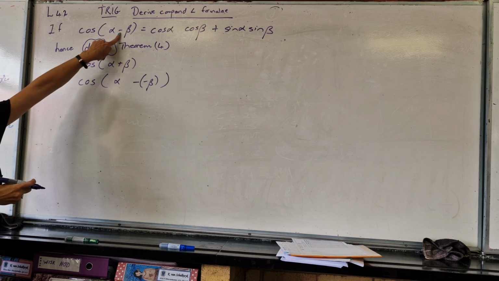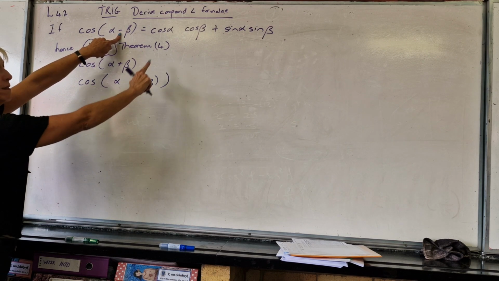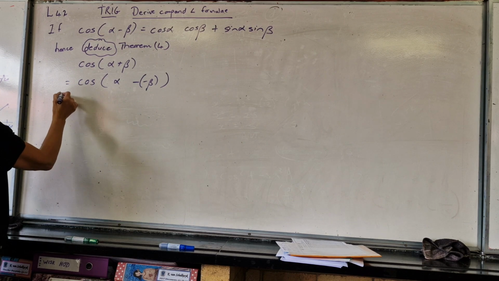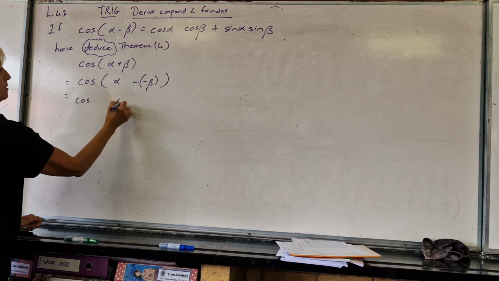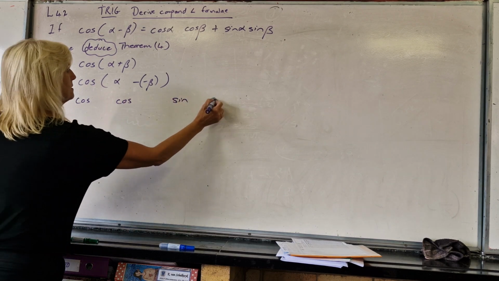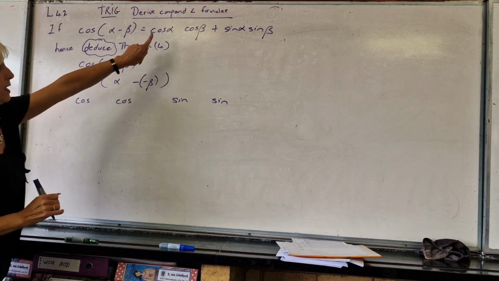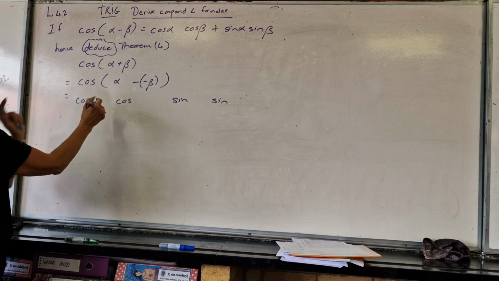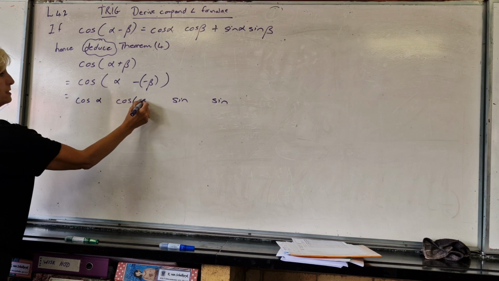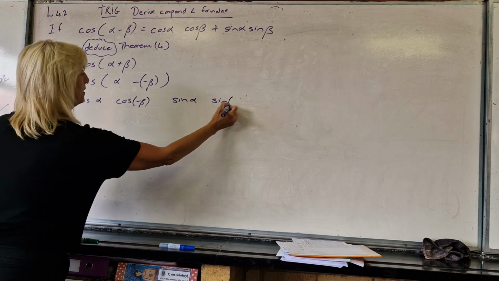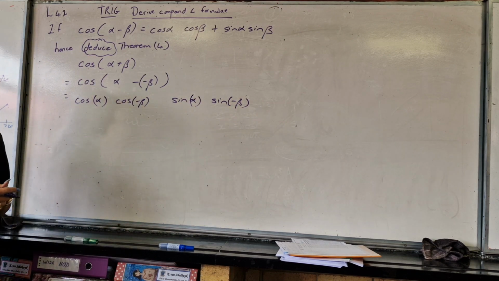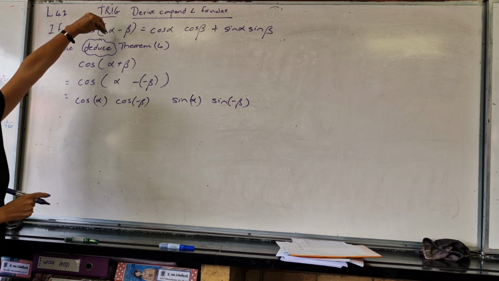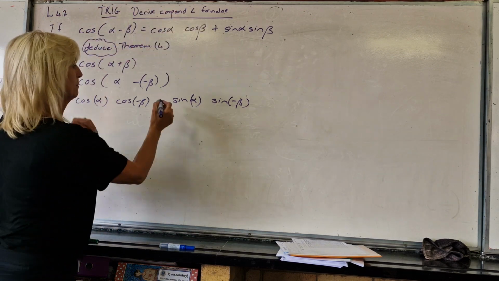Once I do have the minus there, then the formula says cos cos, sin sin, and the 2 angles as they are are alpha minus beta. Alpha minus beta. And if it makes you feel better, you can even put both of them in little brackets. The knowledge that you're using has a plus in between.